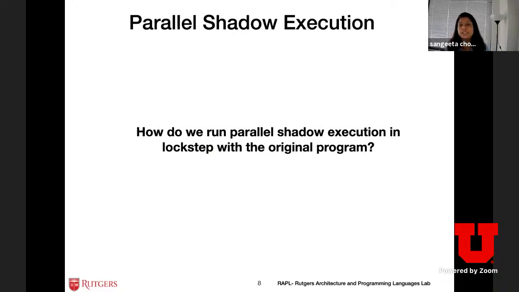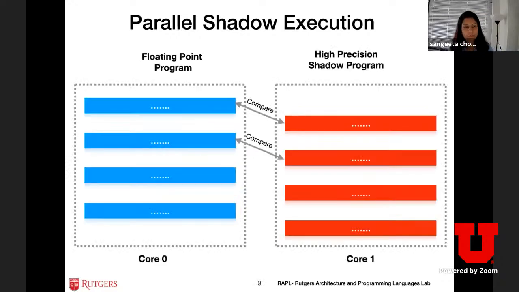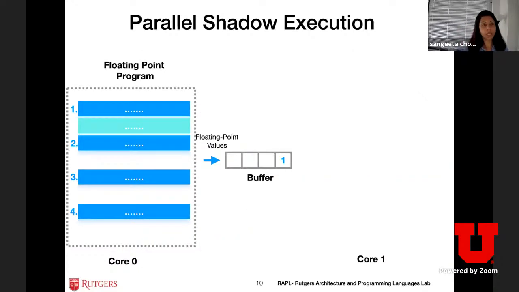First, how do we execute parallel execution in lockstep with the original program? Ideally, we want to compare every floating point instruction with its mirrored high precision instruction. To enable that, we instrument the original program to provide the floating point values to the high precision program through a buffer. As can be seen here, the value of the first FP instruction is pushed to the buffer.